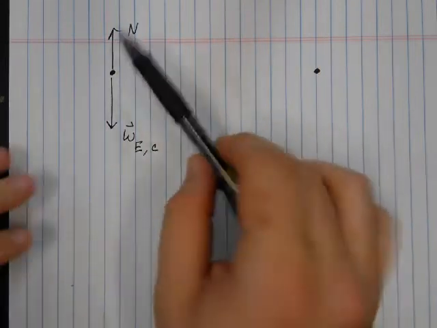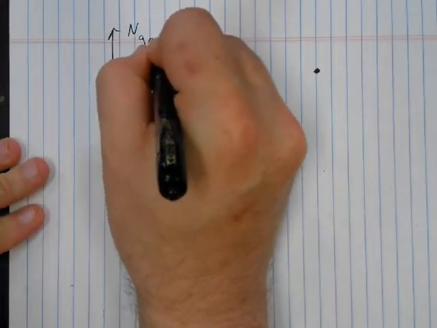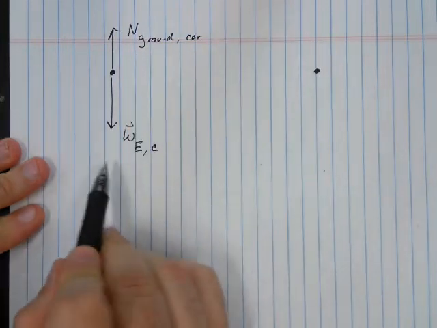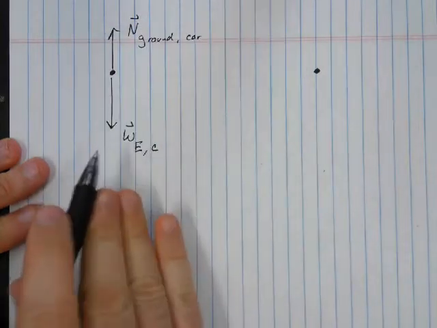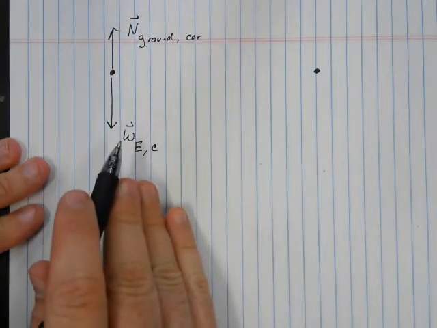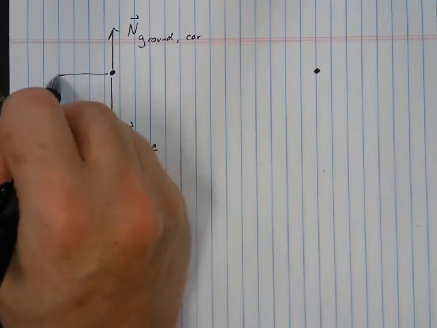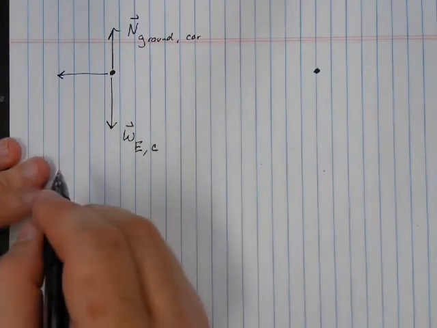Okay. So there's going to be a support force by the ground on the car. So effectively you get that this is the diagram for the car. And we're going to put, at the moment of collision, the contact force between the car and the tree.